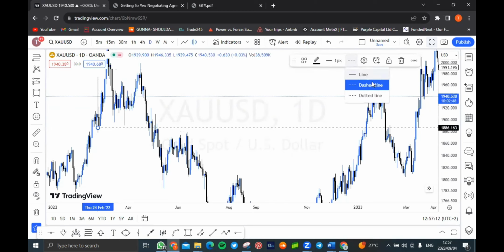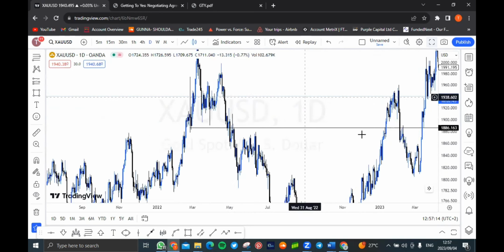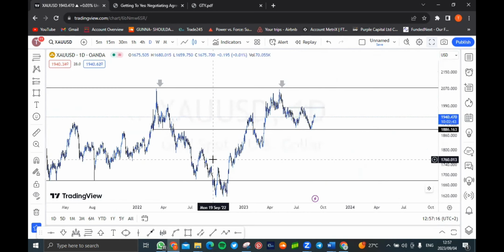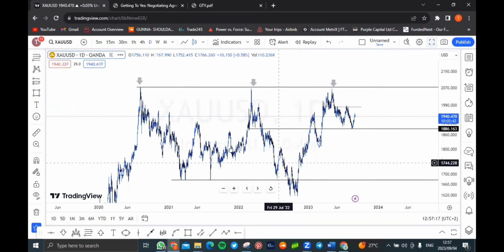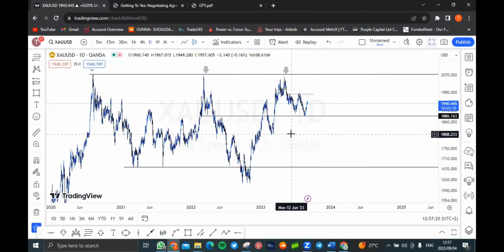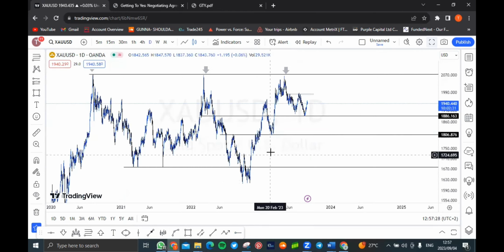Let me actually make it solid. It's a good price level. It's a range inside of a range, or that one zone that spreads the range into two parts.